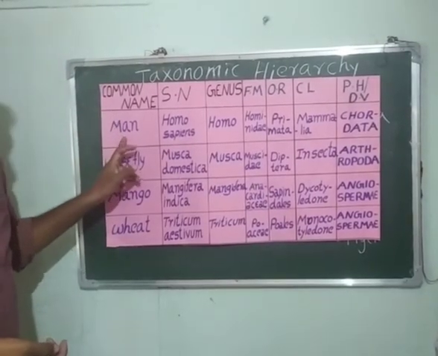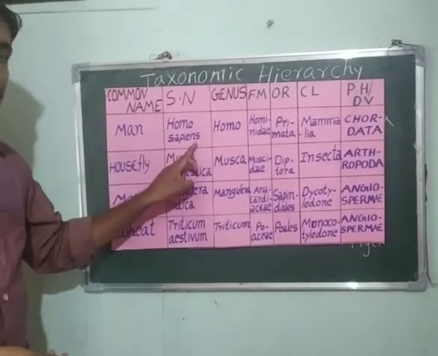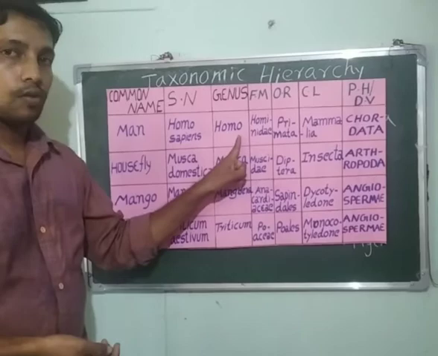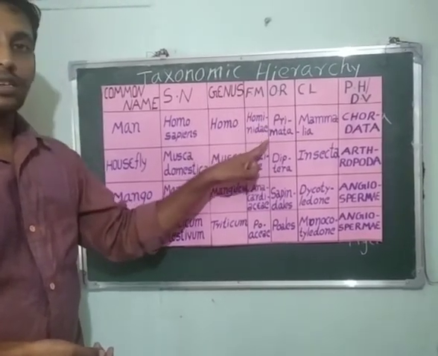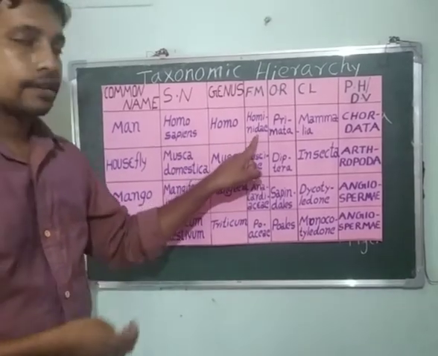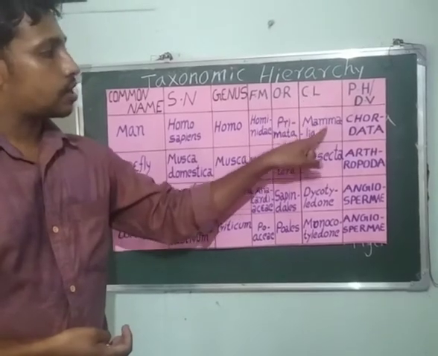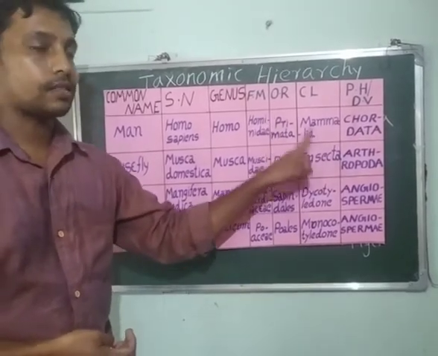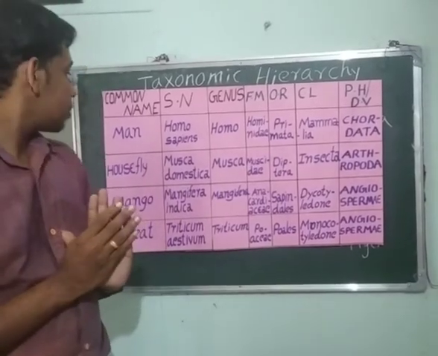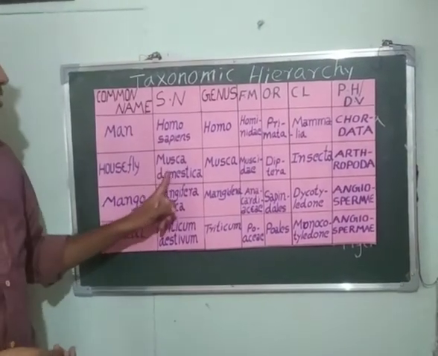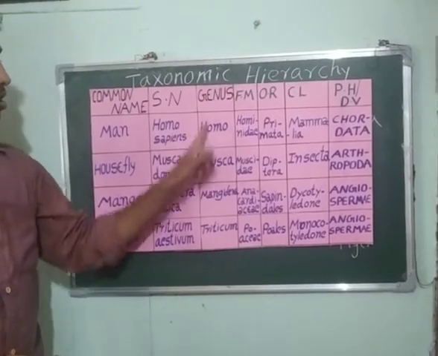So here, the common name man, scientific name Homo sapiens, genus Homo, and this one is the species sapiens. Then family Hominidae, order Primata, class Mammalia, phylum Chordata. Then housefly, Musca domestica; Musca is the genus.